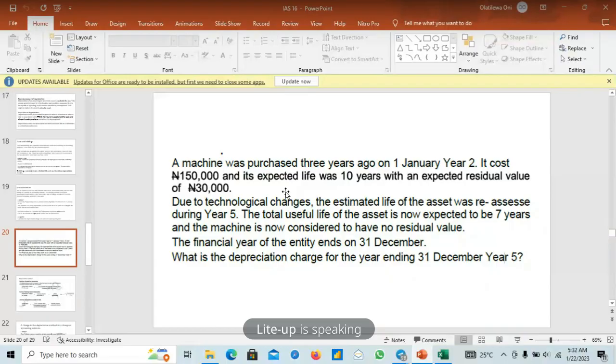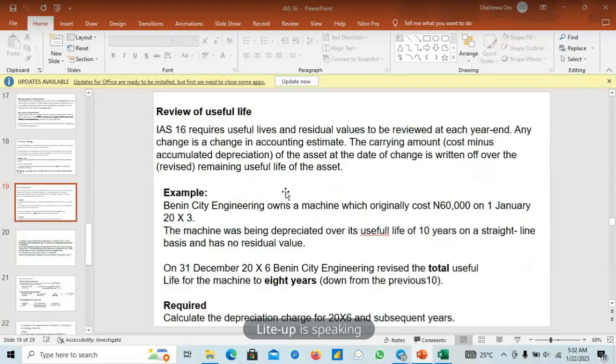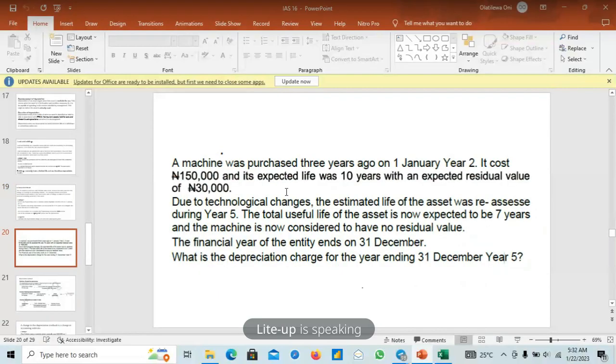So we want to treat this also as an example of a change in accounting estimate, how a review of the useful life of an asset is a change in accounting estimate. The example we had yesterday was also on the review of the useful life of the asset. So I'll quickly open the Excel sheet now, and then we do this work.